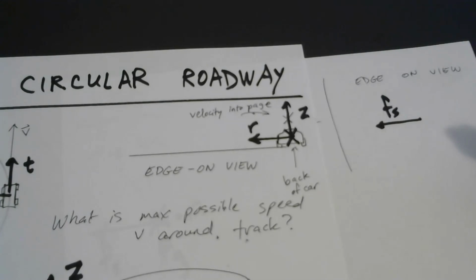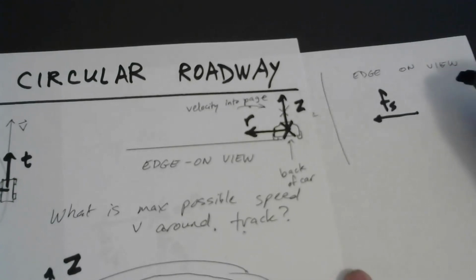If you're running and you want to turn left, you would plant your right foot and kind of push off of that foot obliquely. And your foot is not sliding on the ground, otherwise you're going to trip and fall. So when your foot plants and doesn't slide, the force that exists between your shoe and the ground has a normal component, but it also has a component parallel to the ground. We call that friction, static friction.